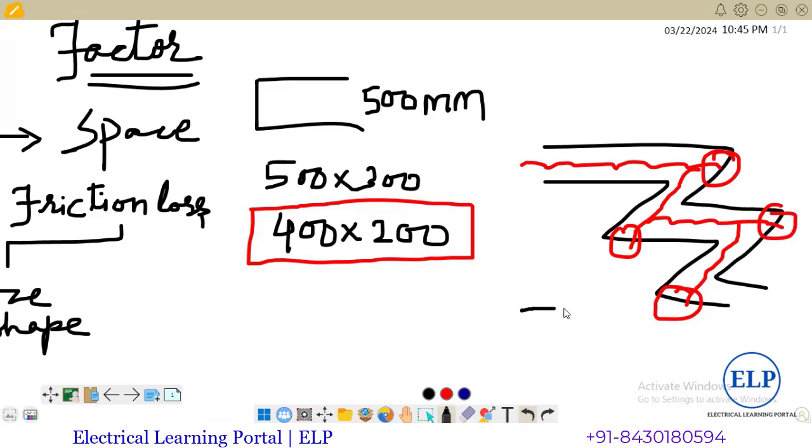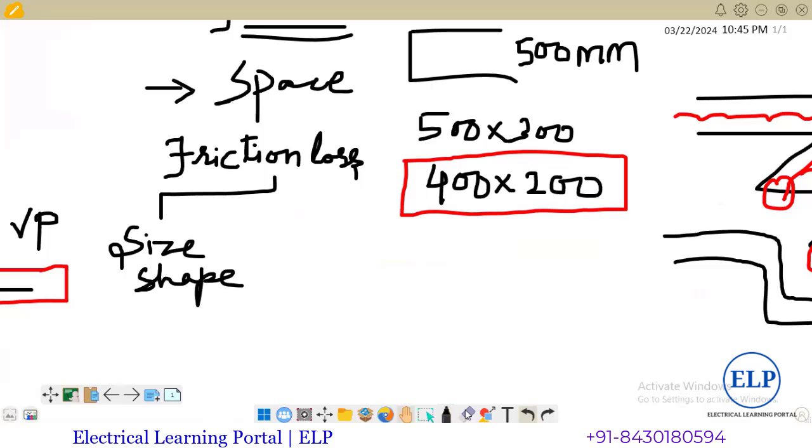If we are following a very smooth shape, something like this, for example, if this is my ducting shape, now the air will travel very smoothly. Then there is the material of the duct. Suppose you are not following the proper gauge of the material, or the material selection is very poor, this will also affect the friction losses.